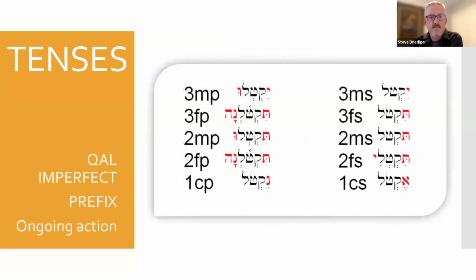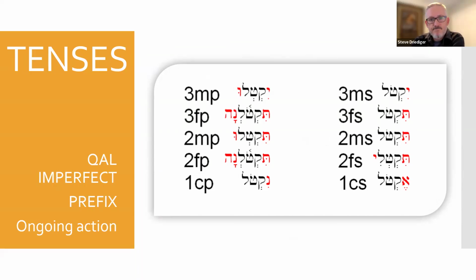Now here is imperfect form. This is where you see the prefix. The perfect form has no prefix. The imperfect form has the prefix, and then we also have an affix on it as well.